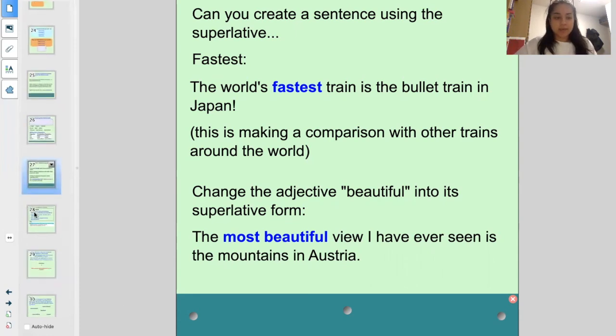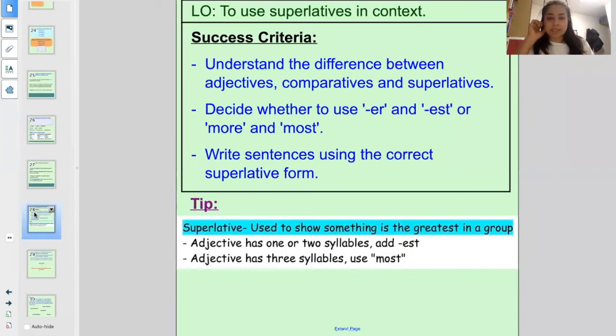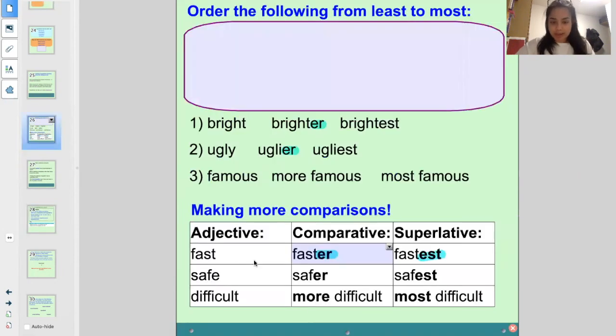Okay, brilliant. So now looking at our success criteria, we need to use superlatives in context. So to be able to do this, and to be successful in achieving your learning objective today, you will need to understand the difference between adjectives, comparatives, and superlatives. So that's what we did here in our table.